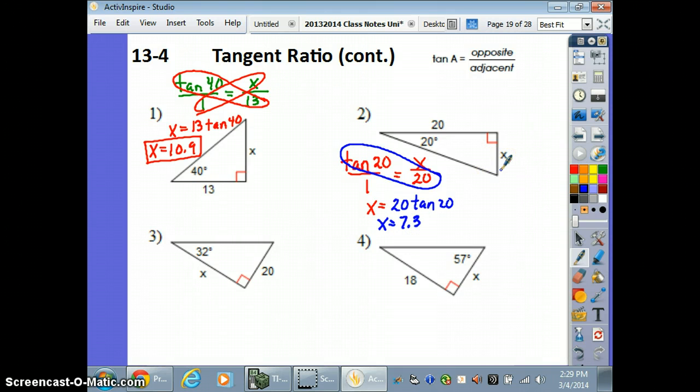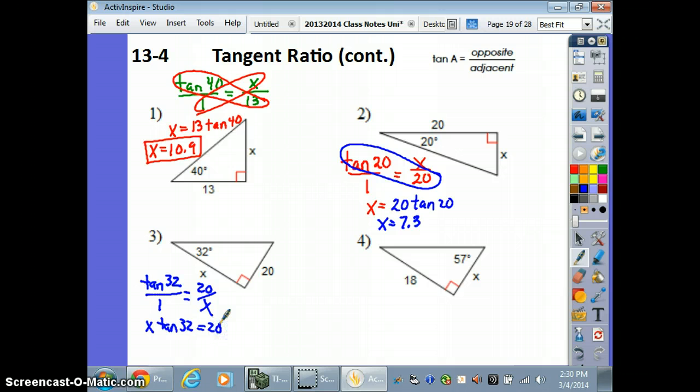Okay, the next trig function. Again, we're working just with tangent, so that's a giveaway. Here's our reference angle. Tangent of 32 is opposite 20 over adjacent x. So we end up with x times tangent of 32 equals 20.